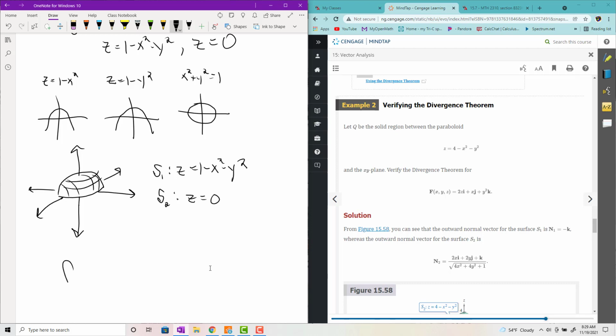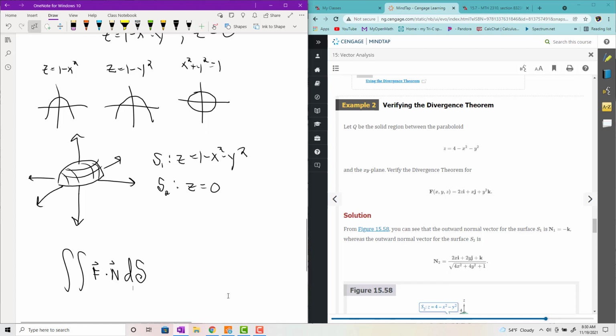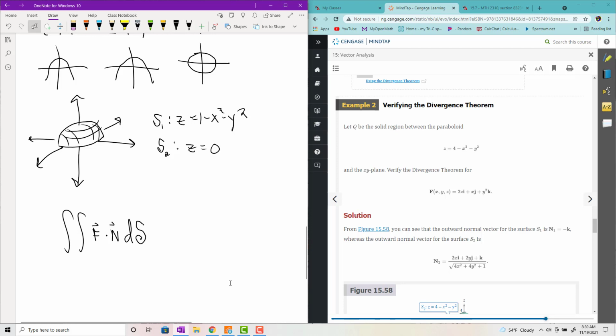For both of those integrals, you need the dot product between the force field and the normal vector. The unit normal vector, but remember the denominator of the unit normal vector will cancel into this dS element, and so you'll basically just have the force field dotted with the normal vector.